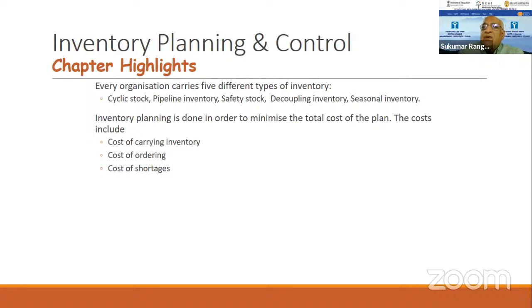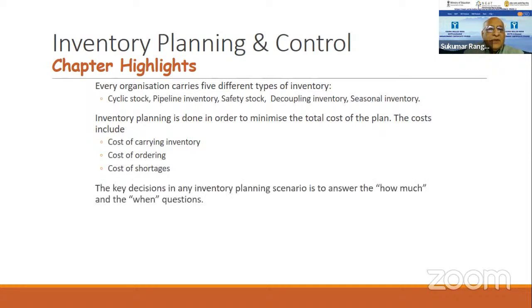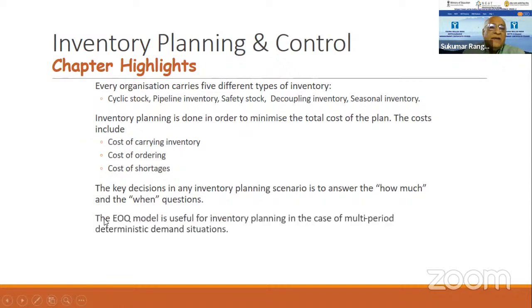As I said, the game is always reducing the total cost, because a penny saved is a penny earned as profit. The cost includes cost of carrying inventory, cost of ordering, and cost of shortages. The key decisions in any inventory planning scenario are how much and when to order. These are the key decisions in inventory management.